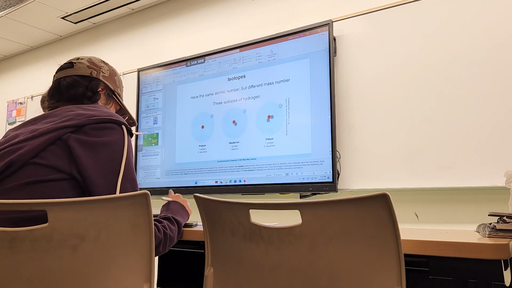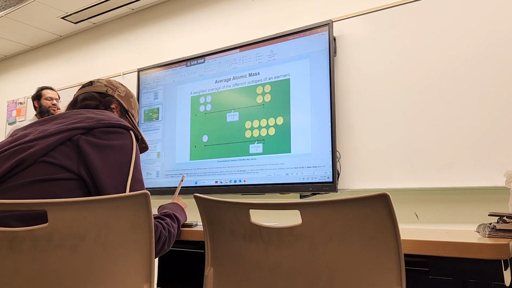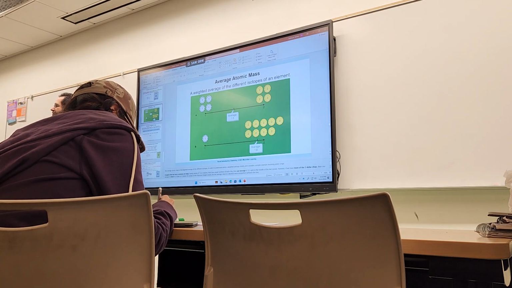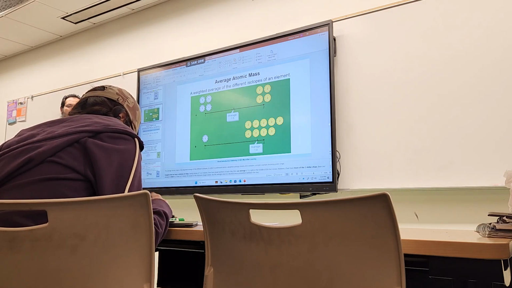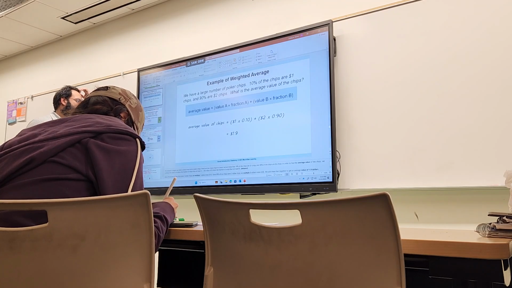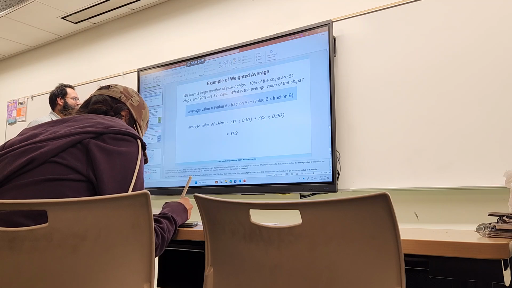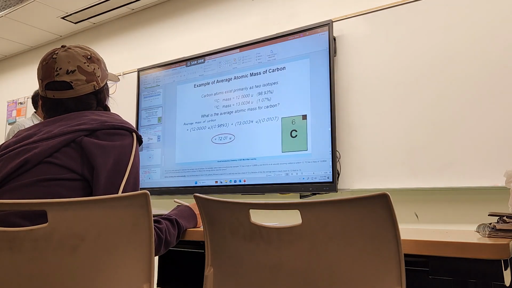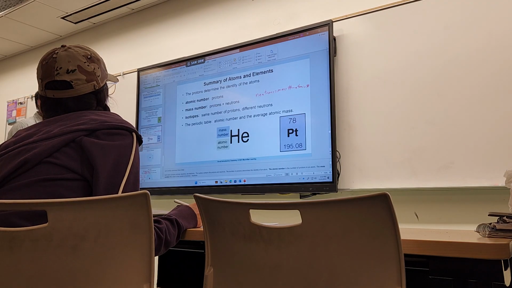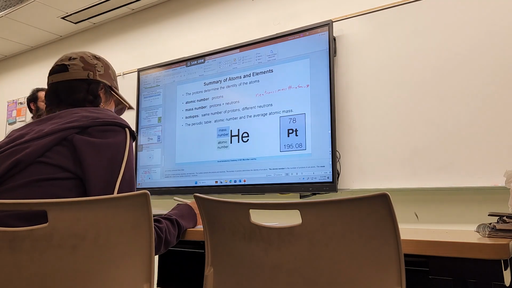But because of that, you have what is known as an average atomic mass. So most of our atomic masses are in decimal form because it is the average of all the different isotopes that are naturally occurring, right? And it is what is known as a weighted average. So make sure you guys practice how to calculate the weighted average atomic mass.